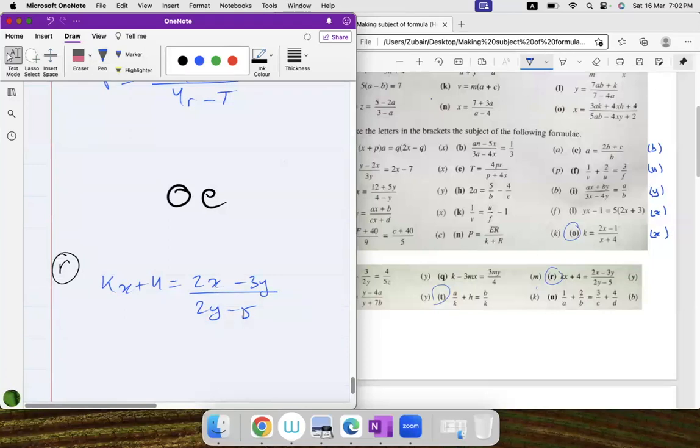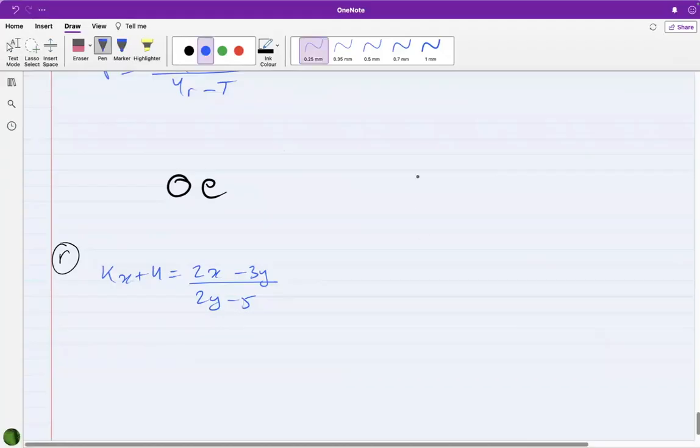Okay, kx plus 4 equals 2x minus 3y over 2y minus 5. And we have to make y the subject. So I can see y at two different places, 1 and 2. So I'm going to cross multiply first. This is kx plus 4 into 2y minus 5 equals 2x minus 3y.